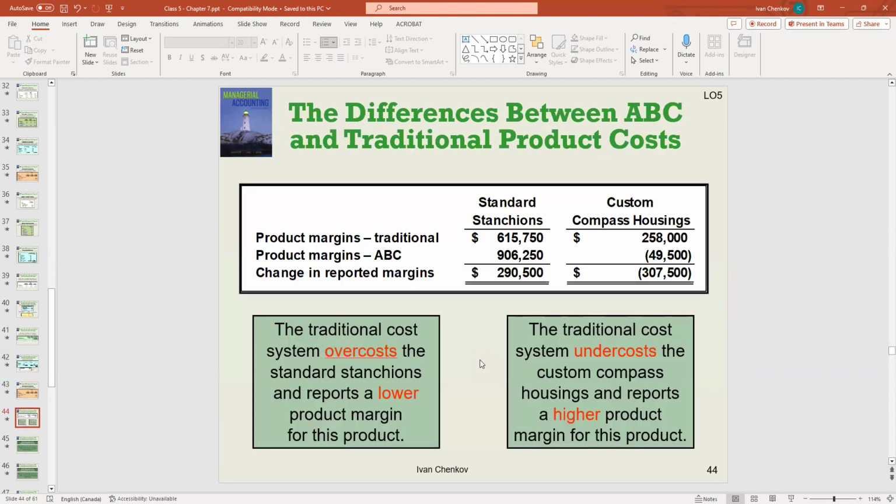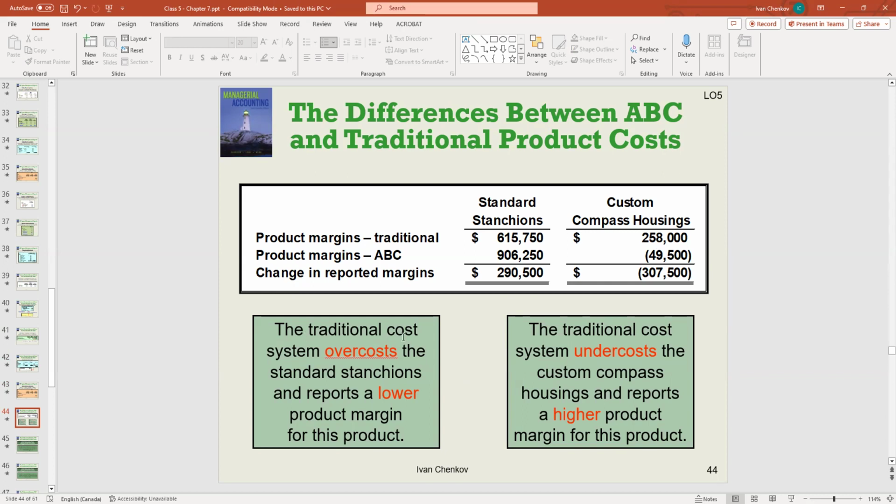The activity-based cost. Right? And as you can see here, in the comparison between both traditional and activity-based costing, we have a $290,000 difference between one and the other in favor of the activity-based costing. Here we have $307,000 in favor of the traditional for the custom compass.